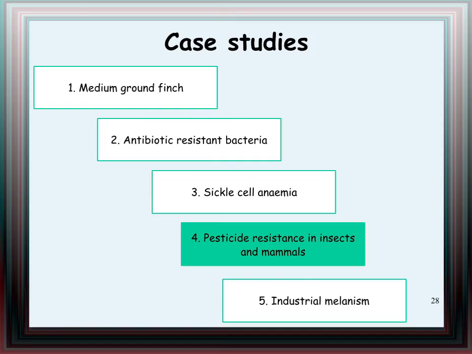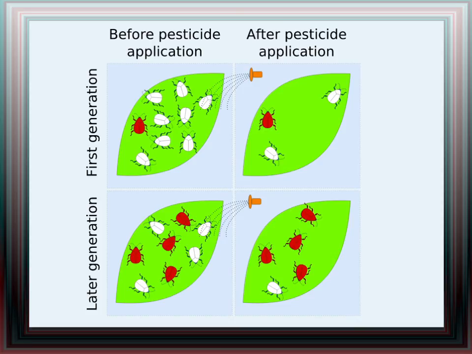Okay, pesticide resistance in insects and mammals. Pesticide resistance in insects is similar to antibiotic resistance in bacteria. Insect populations have developed resistance to insecticides such as DDT, and many common insect pests are now resistant to many insecticides through their ability to break down the insecticide with enzymes, whose production has arisen as a result of a chance mutation.